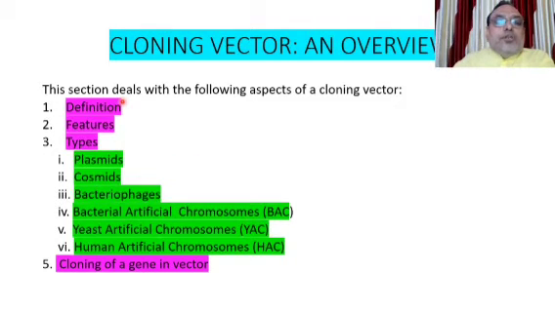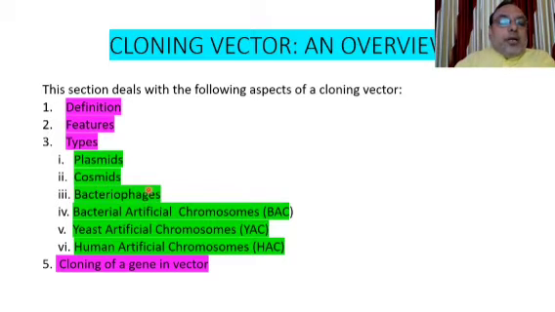So what is the definition? What are vectors? How will you define vectors? And what are the features of vectors? Then what are the types? Say, for example, plasmids, bacteriophages, bacterial artificial chromosome, yeast artificial chromosome, and human artificial chromosome, to enumerate a few.